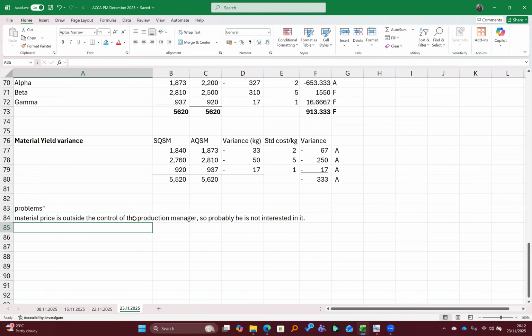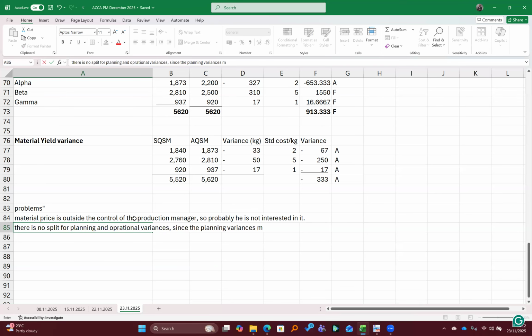And second thing, there is no split for planning and operational variances. Since the planning variances may also be outside the production manager's control.